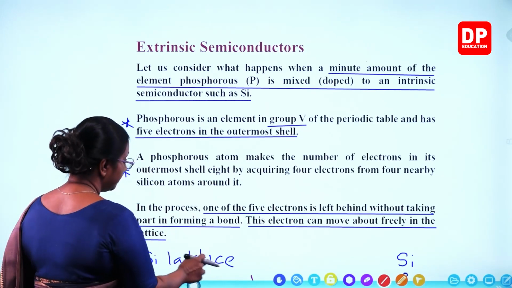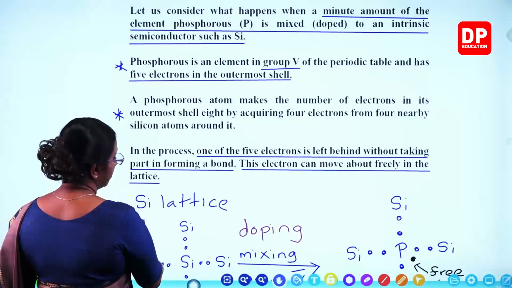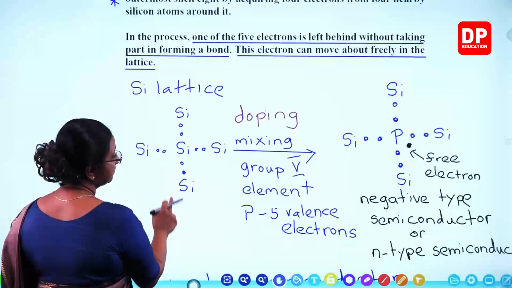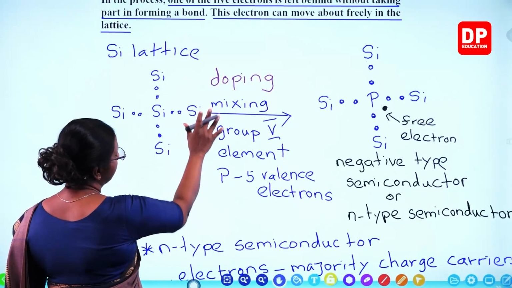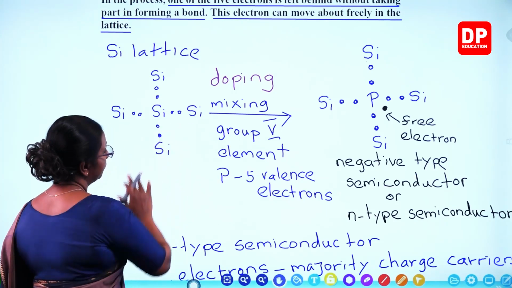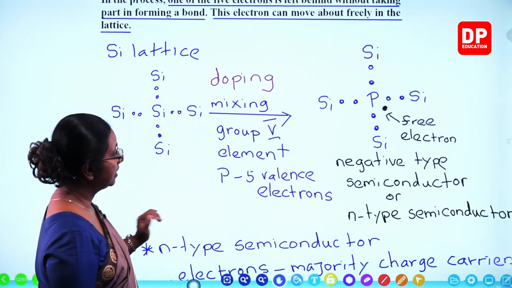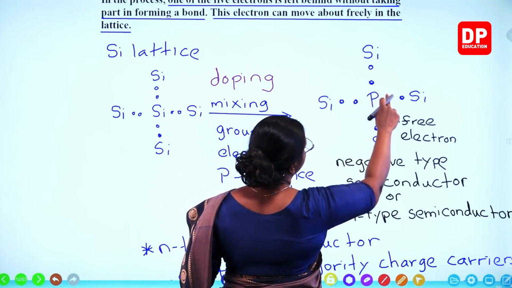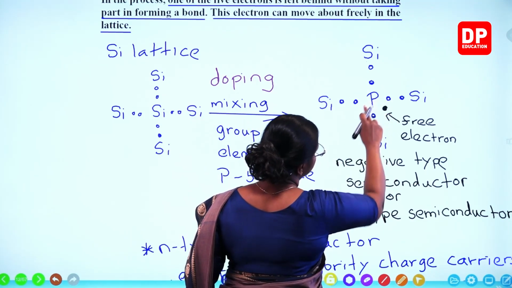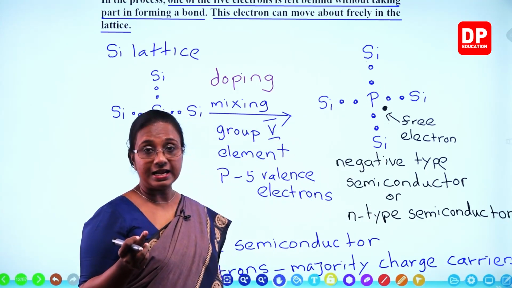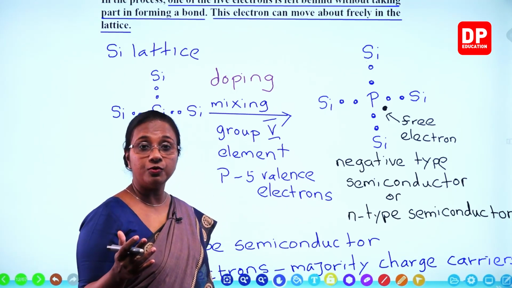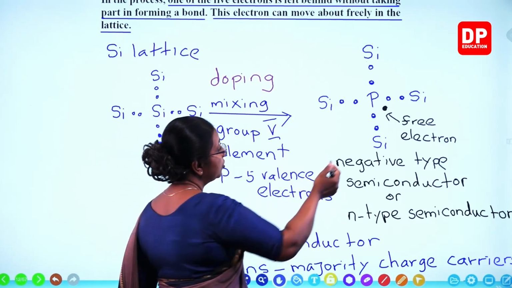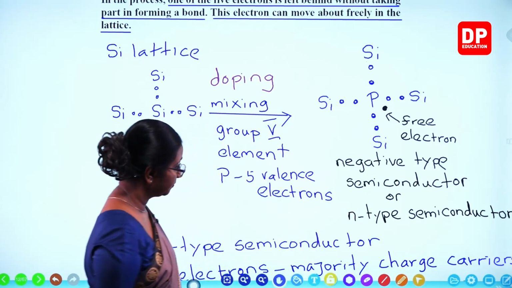So that is what we discussed so far. So I showed you all the diagrams. I'm sure you can understand that. We have the normal lattice. When doping happens, we mix group 5 element, that is phosphorus. So here you can see the phosphorus atom occupies the place of a silicon atom. And to get 8 electrons, it bonds with another 4 silicon atoms. So therefore, there is a free electron.